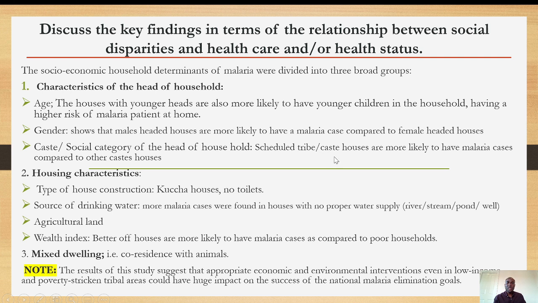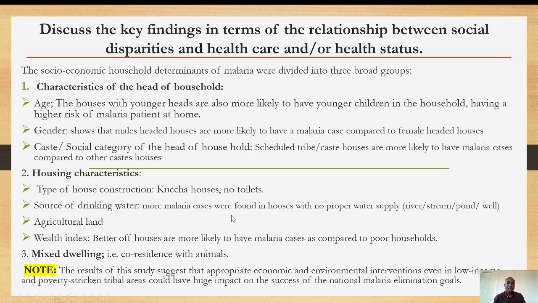And on the caste, the scheduled tribe or caste houses were more likely to have more malaria cases than other castes or houses. In the housing characteristics, the type of housing and construction, the kutcha houses that didn't have toilets were associated with more malaria cases than those which had toilets.